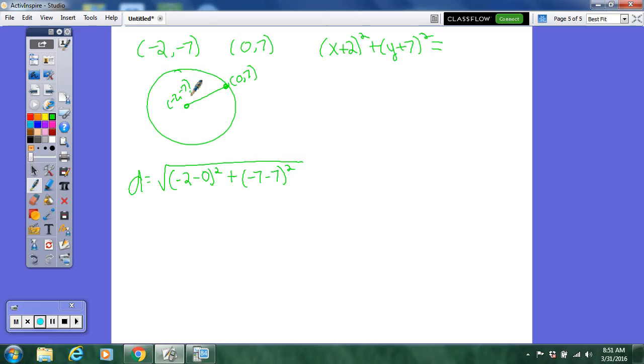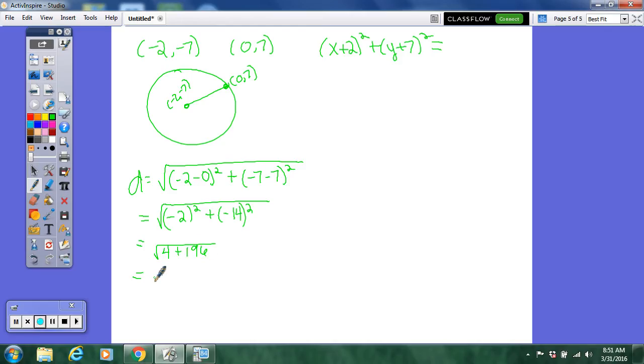Everybody okay where I put that in? Okay, so we've got -2 squared plus -7 minus 7 is -14 squared. So we get 4 plus, anybody know what 14 squared is? Is it 196?